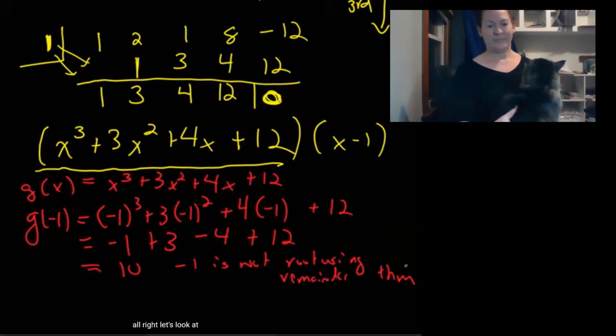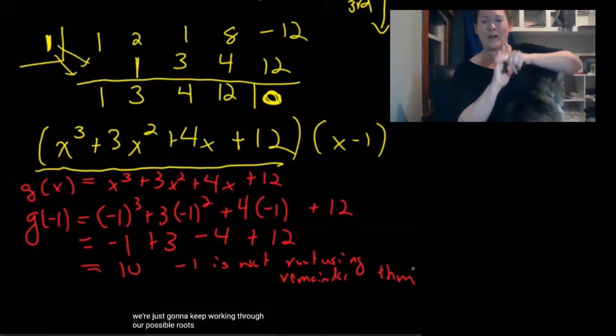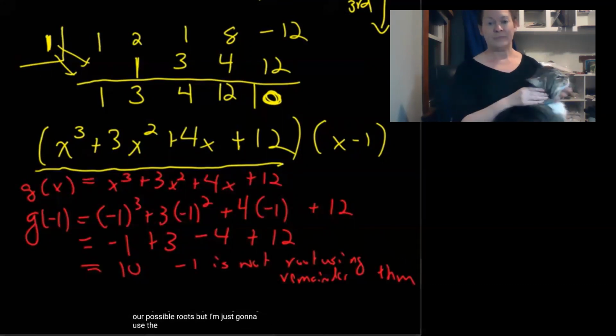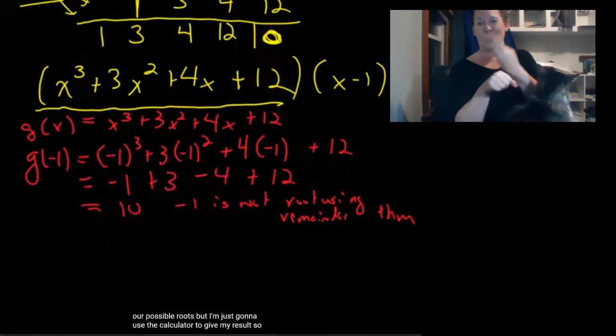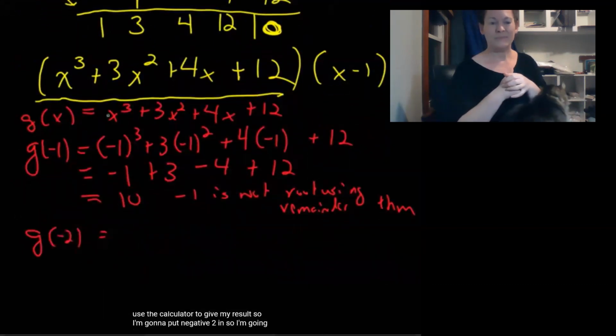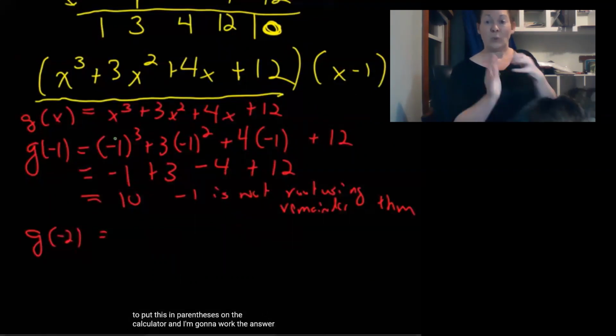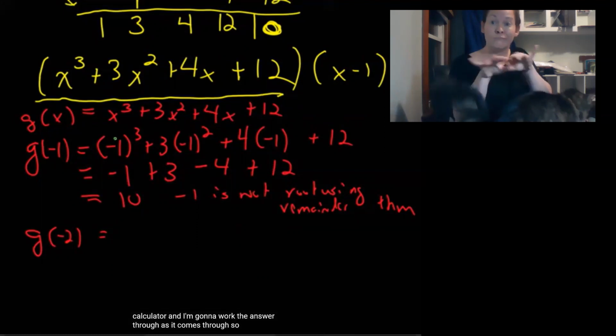All right, let's look at negative 2. Then we're just going to keep working through our possible roots. But I'm just going to use the calculator to give my result. So I'm going to put negative 2 in parentheses on the calculator, and I'm going to work the answer through as it comes through.